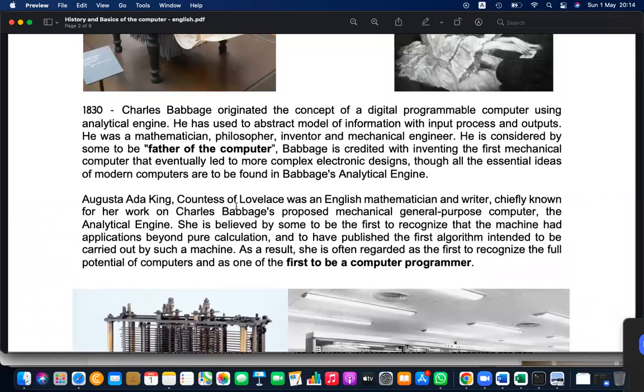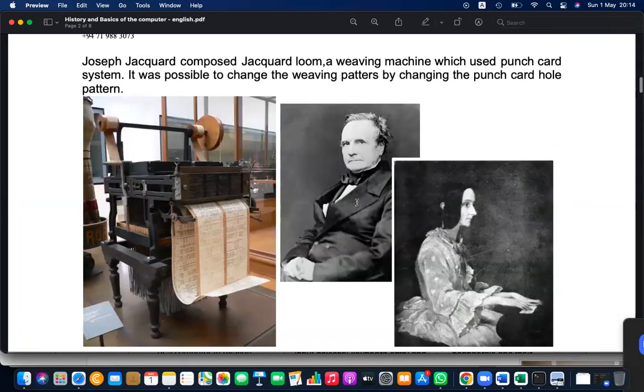In the 18th century, this person, I hope you know the name, his name is Charles Babbage. He invented a kind of engine.